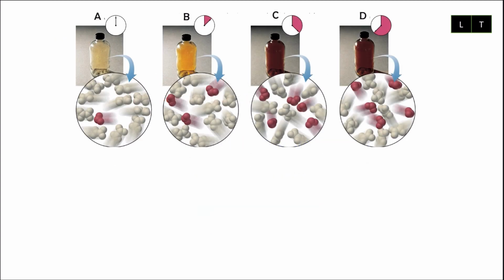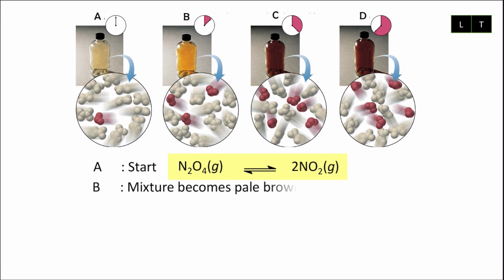So untuk lebih faham, kita akan jalankan satu eksperimen di mana awak akan bermula daripada this reaction N2O4 reversible with 2NO2. Dan kita akan mulakan daripada condition A, the reaction start. After that, you can see that at condition B, the mixture becomes pale brown.